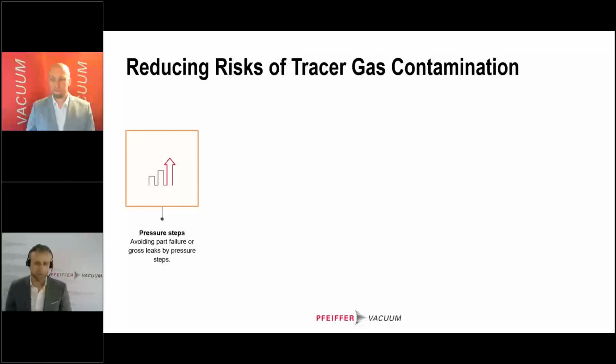So that means whenever you have a test object that you want to pressurize with, for instance, 20 bars, and you want to make sure that you do not have a helium contamination in your chamber, you start with applying a very greatly reduced pressure on this test object. So instead of working with 20, you, for instance, just go with half a bar and check for any gross leaks of your part. And by that, you avoid that if you put the full pressure on it, you have a huge contamination in your chamber.